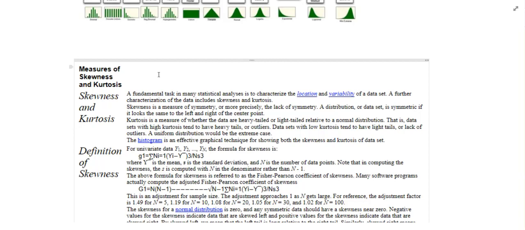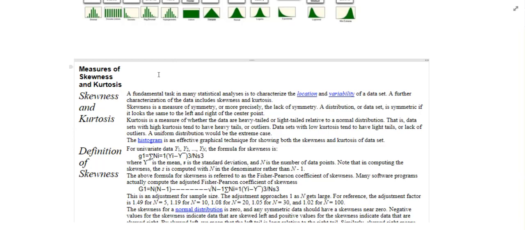And then the kurtosis is a measure of whether the data are heavy-tailed or light-tailed relative to a normal. That means that data sets with high kurtosis have heavy tails or outliers. Outliers are what we're concerned with. Data sets with low kurtosis tend to have light tails or lack of outliers. A uniform distribution would be the extreme case, right?